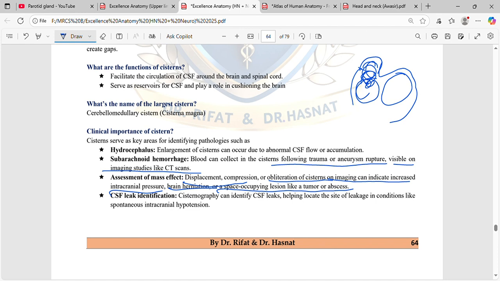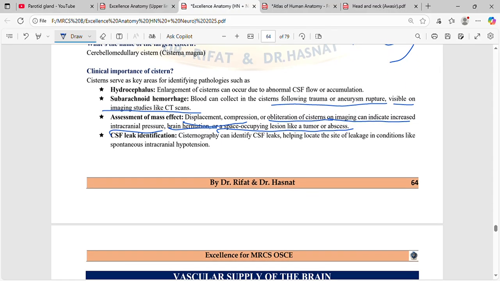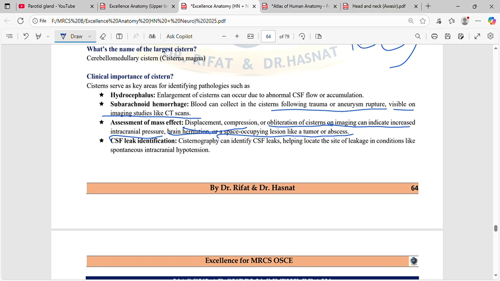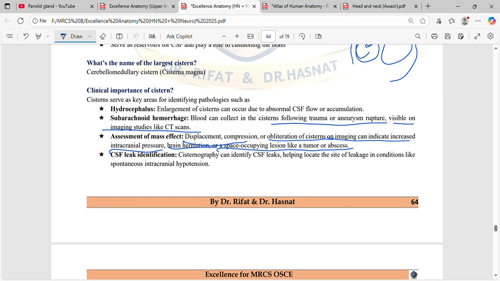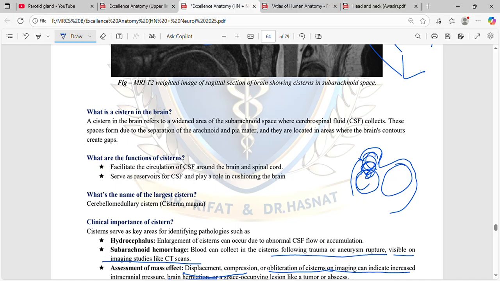CSF leak identification: cisternography can identify CSF leak, helping locate the site of leakage in conditions like spontaneous intracranial hypotension. So they can cushion the brain, and there can be collection of blood when there is a rupture of a vessel. So this is all about the CSF.